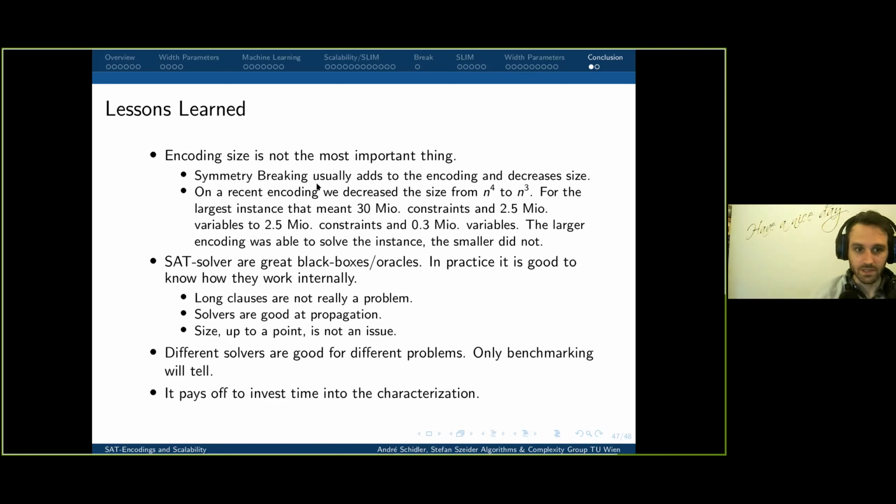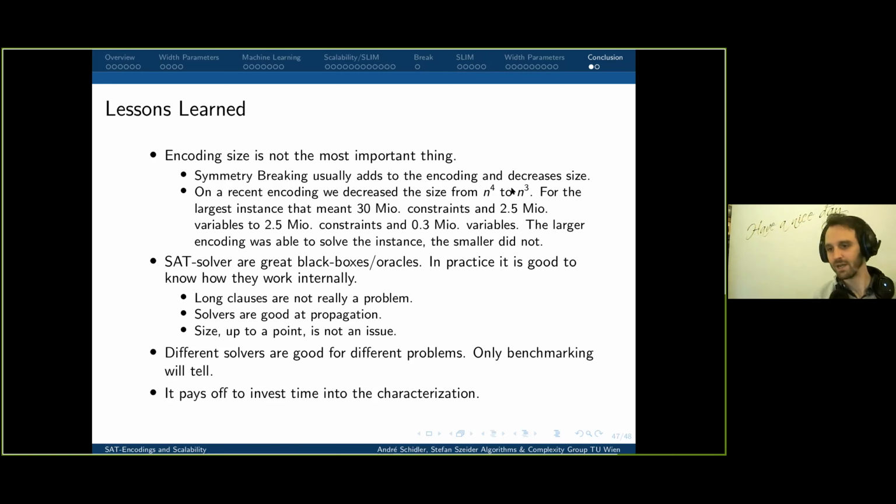Okay, so the lesson learned for me from working with encodings is that the size of the encoding is actually not the most important thing, which is obvious for symmetry breaking because this is usually added. But we recently worked on another encoding where we decreased the size, and it was a graph problem, so n is the size of the graph, the size went from n to the fourth to cubic.